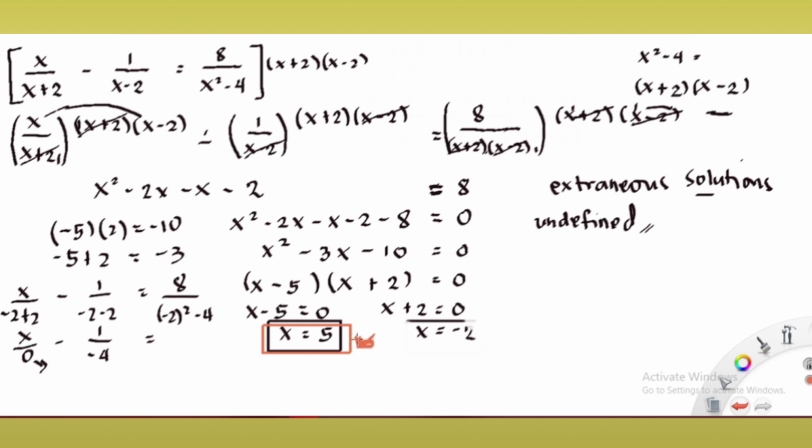So, if you'd like to check if our answer is correct, please do the checking. Okay? So, that will be all for today. I hope that you learned a lot in this lesson. Mathematics really needs na i-practice. Yung skill natin in math, kailangan talaga i-practice. Okay?